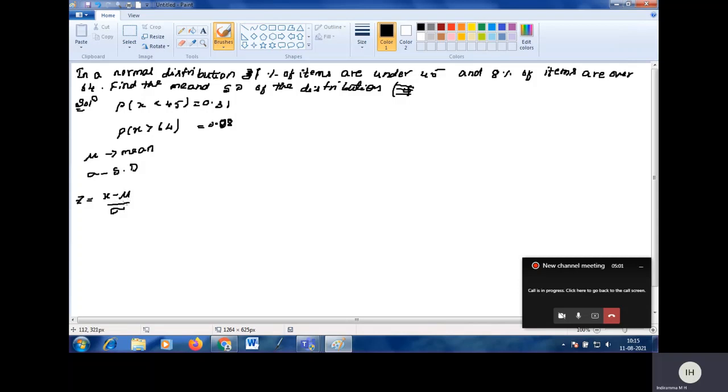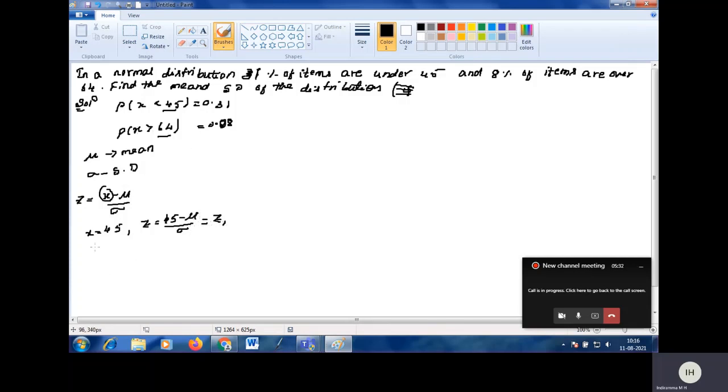When x is 45, we substitute x as 45, so Z is 45 minus mu by sigma, which I will consider as Z1. We don't know mu and sigma, that is what we have to calculate.